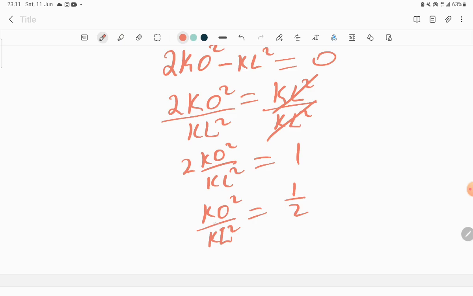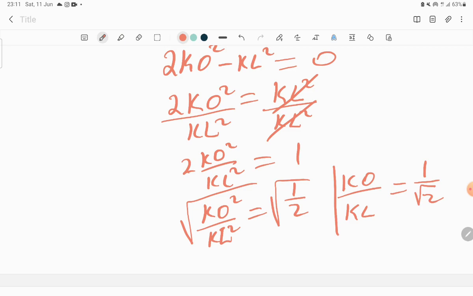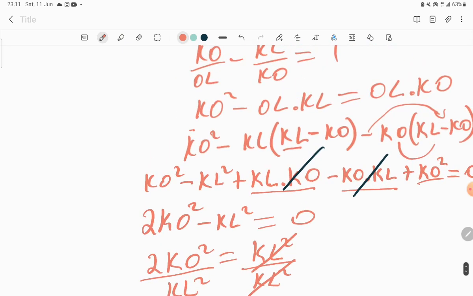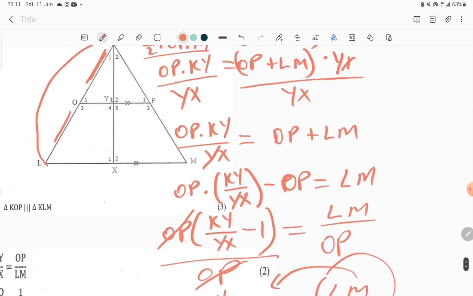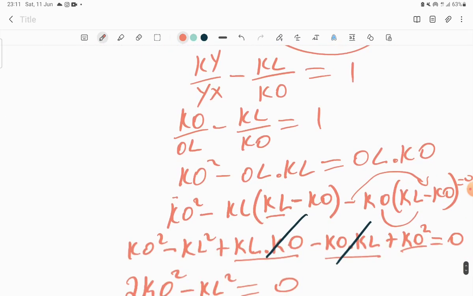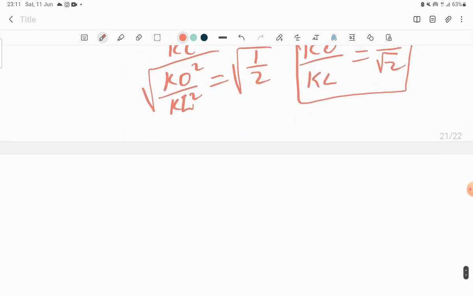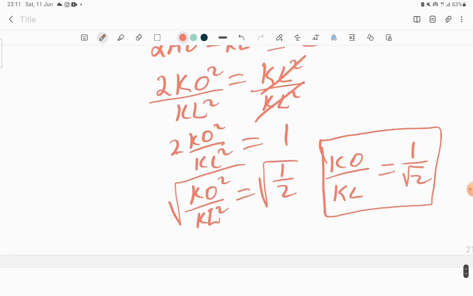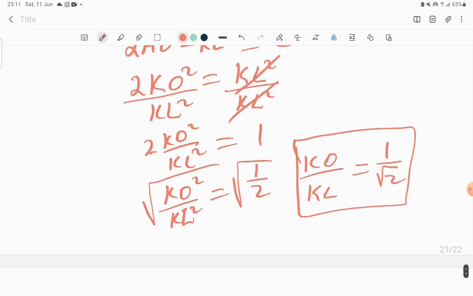Then you can square root both sides to have KO over KL is equal to just 1 over root 2. So this is the proof of it, and sorry for the mistake that I've just made there, otherwise it wouldn't be this long. Nonetheless, this was paper 2, June examination 2022.